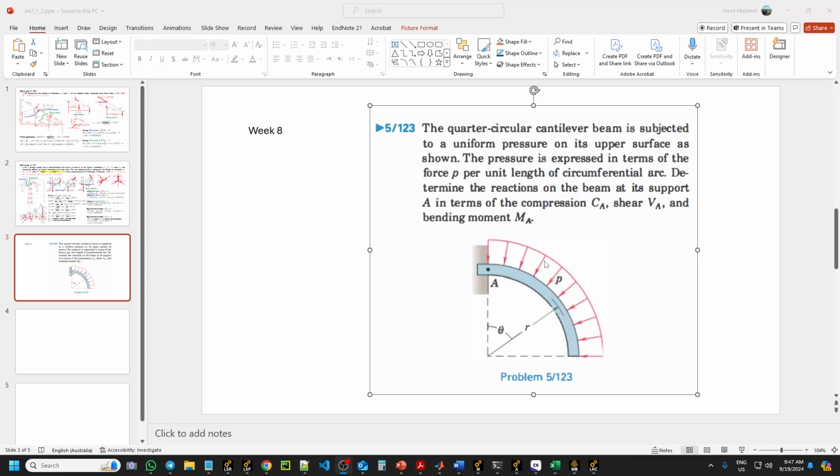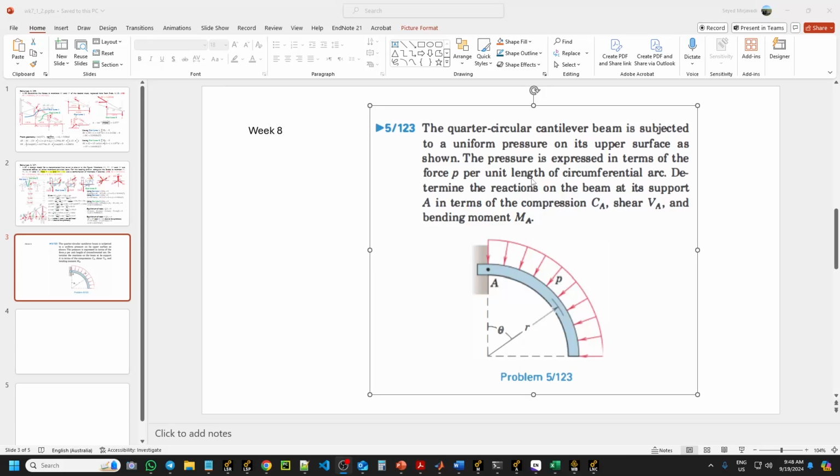We have a uniform pressure on its upper surface. So we have two surfaces. One surface here is the bottom part, and this part is the top surface or upper surface. The pressure is expressed in terms of the force P per unit length.